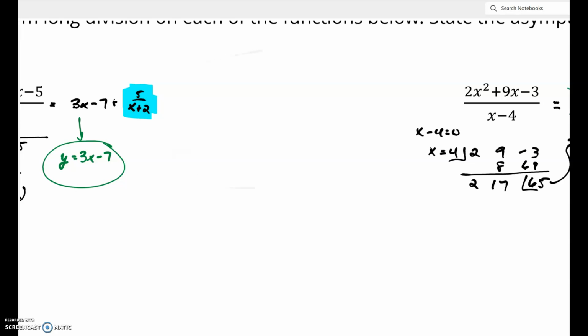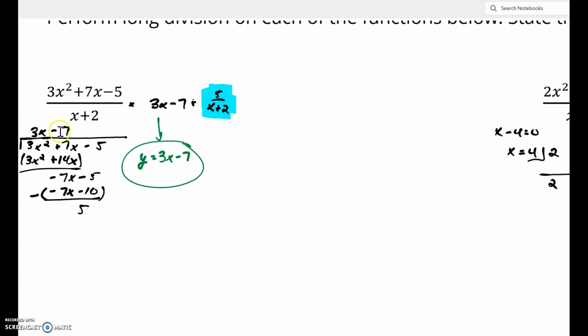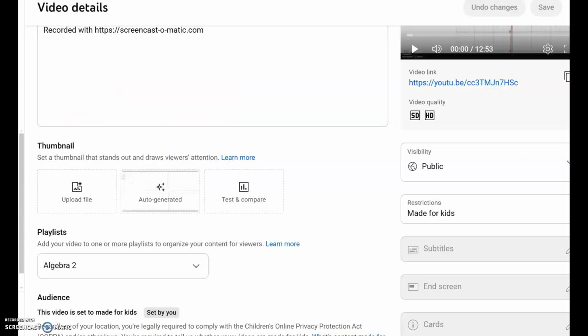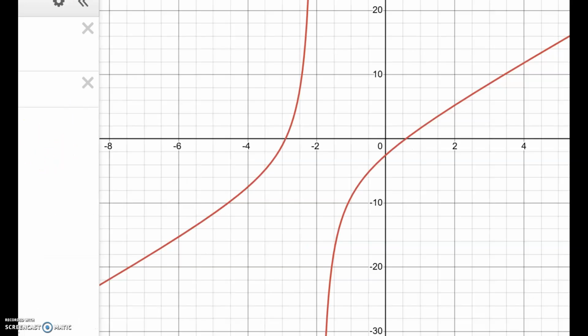So let's look at the first one. Remember, when we divided this out, we got the 3x plus 1 plus the fraction over x plus 2. Let's take a look at the graph on Desmos of our original function, which was 3x squared plus 7x minus 5 divided by x plus 2. There's Desmos.